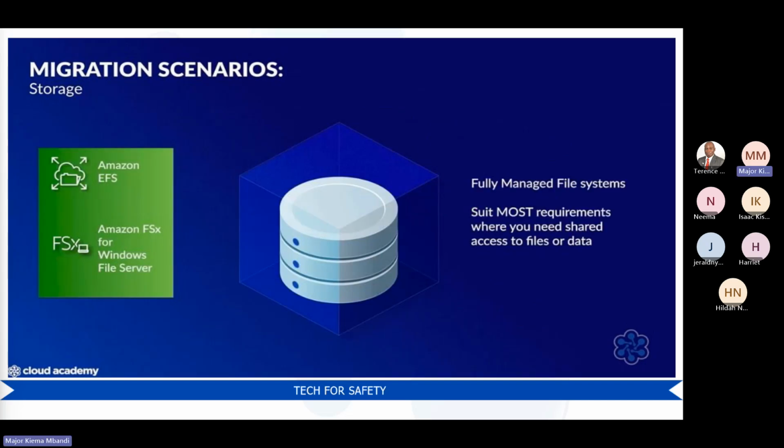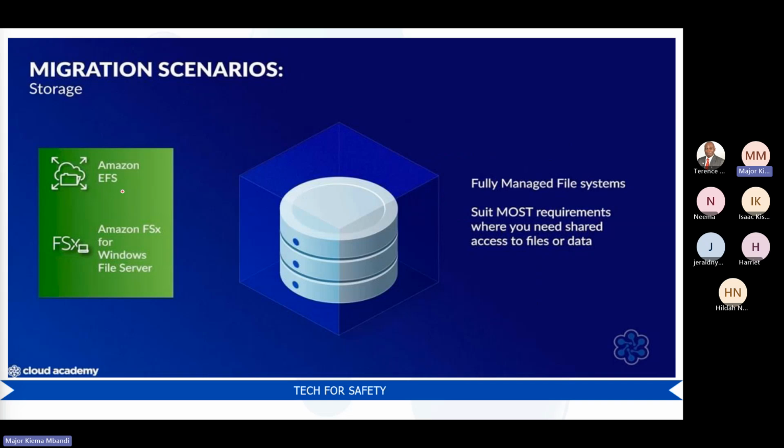Migration scenario, also storage: you can make use of Amazon EFS, Elastic File System, and Amazon FSx for Windows File Server, which is a fully managed file service. It suits most requirements where you need shared access to files.